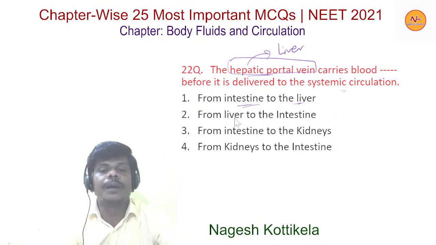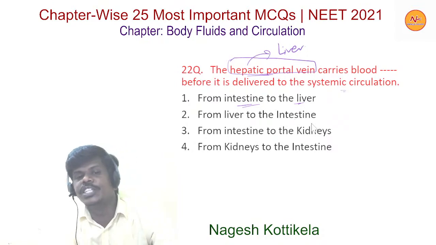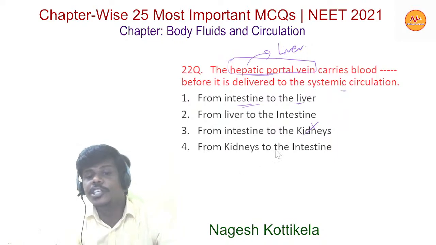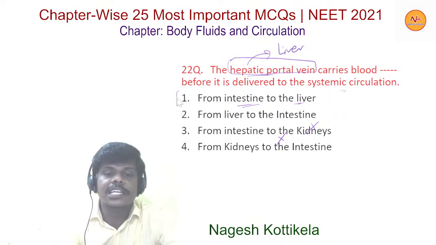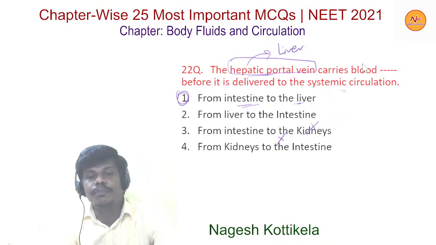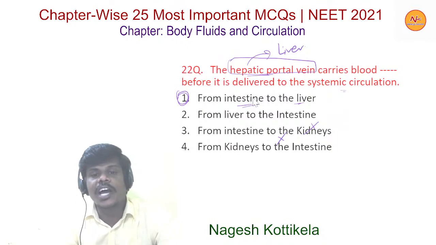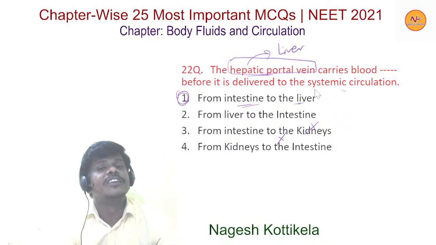Second option, from liver to the intestine. Third option, from intestine to kidneys, wrong. From kidneys to intestine, wrong. So here option 1 is the right option. The hepatic portal vein carries blood from intestine to the liver before it is delivered to the systemic circulation.